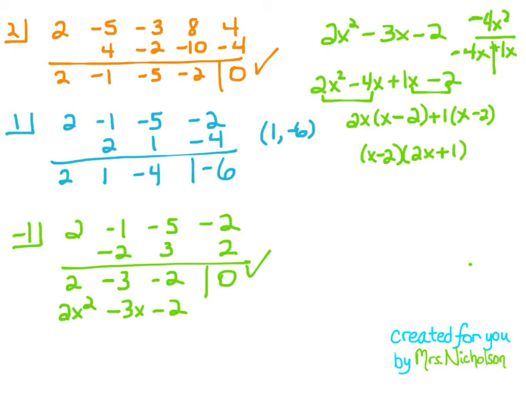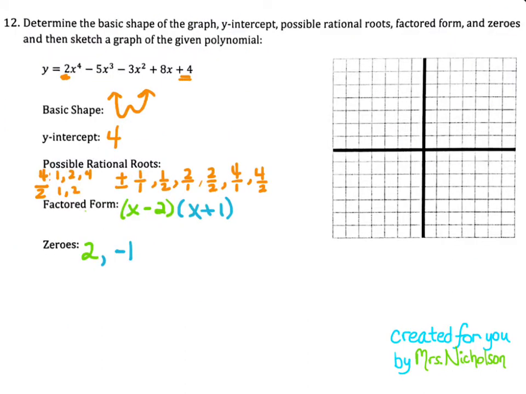So now I have my last 2 factors. So I'm going to add these to my factoring, x minus 2 times 2x plus 1. So those are my 4 factors, but I still need 2 more zeros.